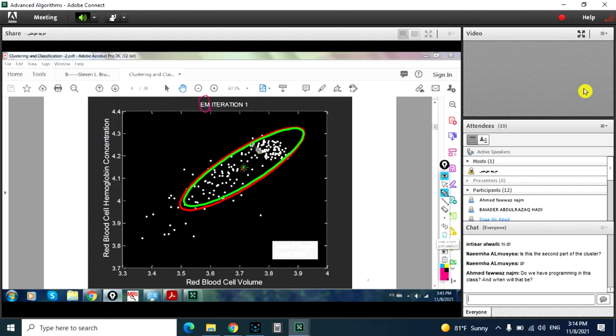For example, the EM, by attention to the data distribution, updates these two Gaussian models. Update in iteration 5. Then update. Okay, then update it.